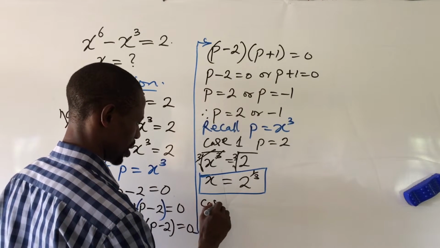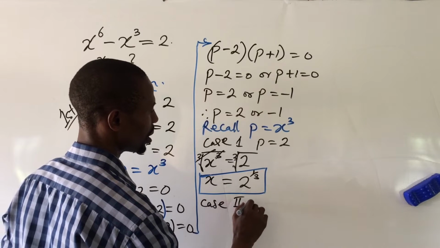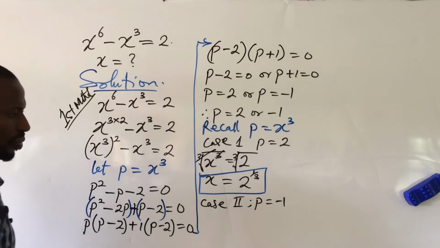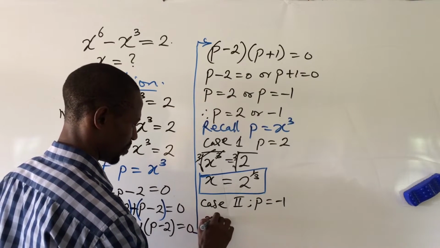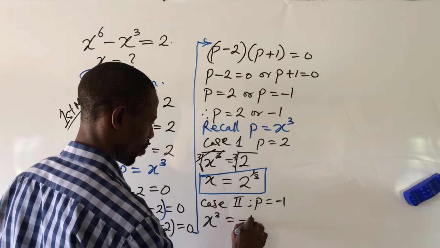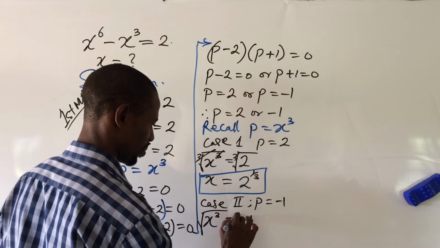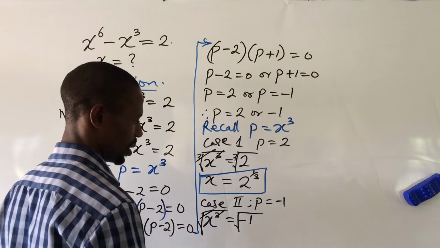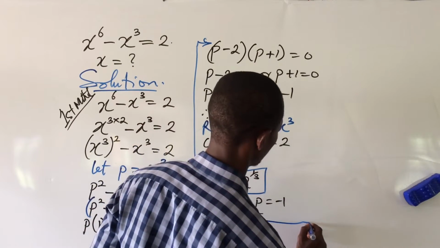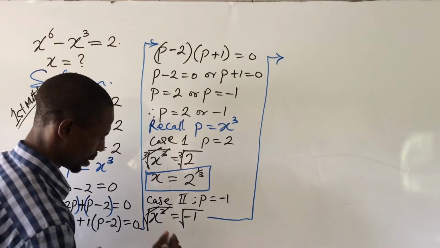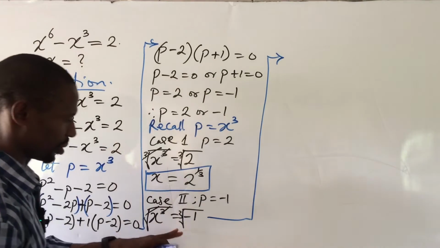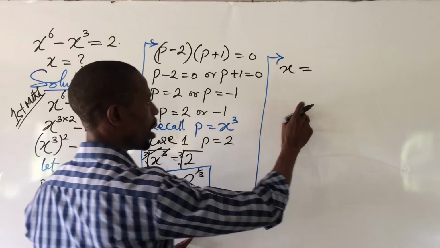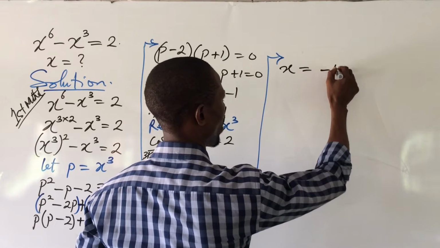Okay, we now take case 2. Case 2, we have our P equal to minus 1. And so we again have x to the power of 3 equal to minus 1. If we take the cube root of both sides again, so we're taking the cube root of x, and so here we're going to have x equal to minus 1.